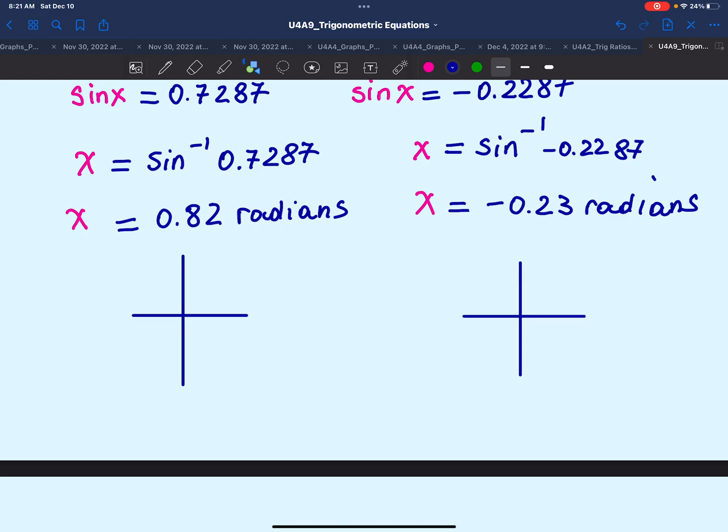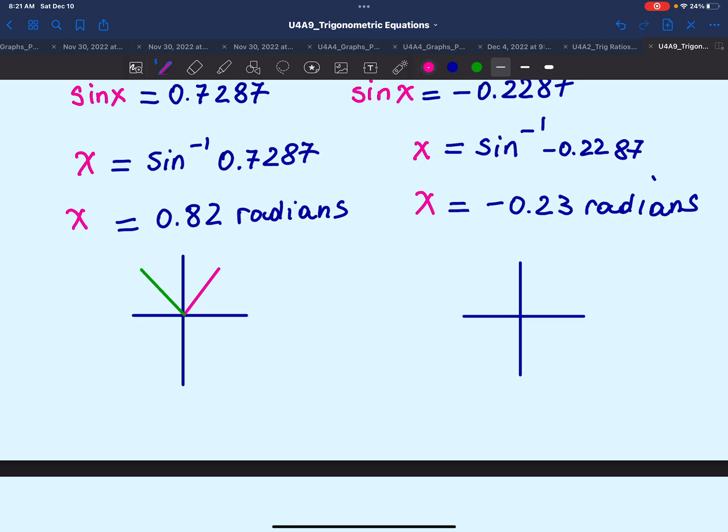So you can do this algebraically, obviously, but it is best that we draw the angles because it gives a clearer explanation of the answer. So 0.82 radians is almost a radian. A radian is about 60 degrees. So it seems that we're about here. And since we use the sine ratio, then the other angle will be on the other side of the sine axis.